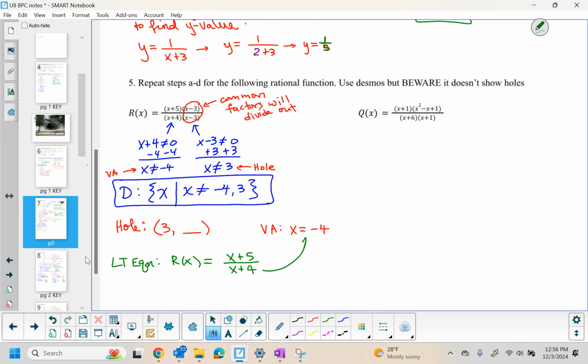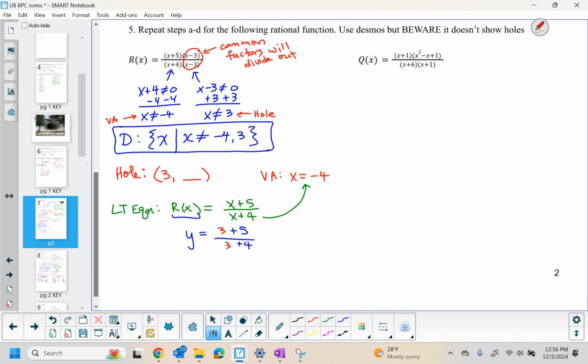So this part gives me the vertical asymptote, and then I'm just going to change this to a y, and putting in that 3 for x is going to tell me what the y value would be if that was an actual point and not a discontinuity. So 2 over 7.